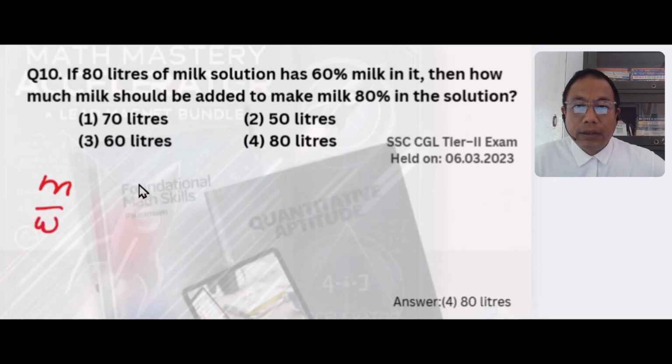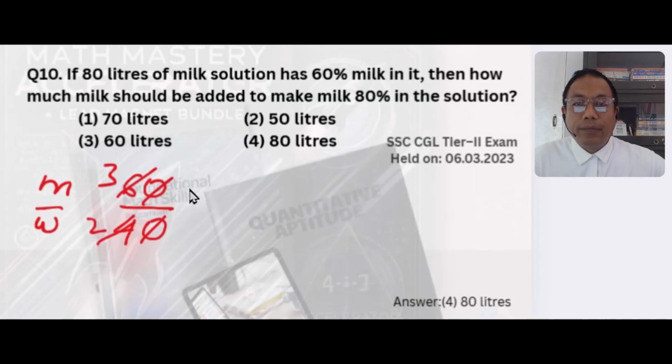Milk is 60%. Percent means out of 100. 100 minus 60 is 40. Ratio is 3 to 2. Here milk is 3 parts out of 3 plus 2, 5.